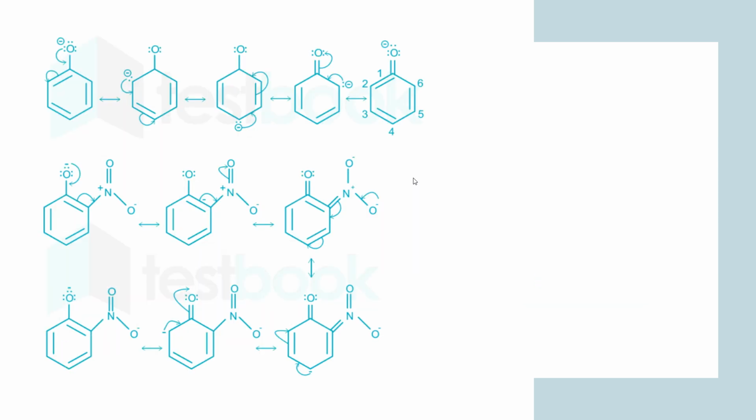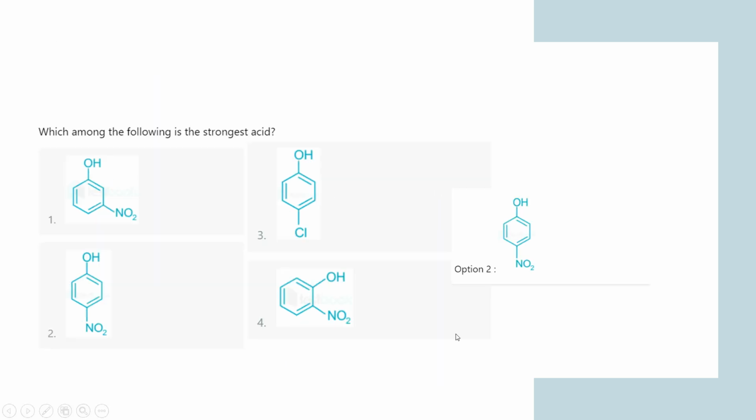And these are the different resonance structures for phenol and ortho nitrophenol. But let us just try to understand the process easily. See, the hydroxyl group present in phenol is ortho para directing.